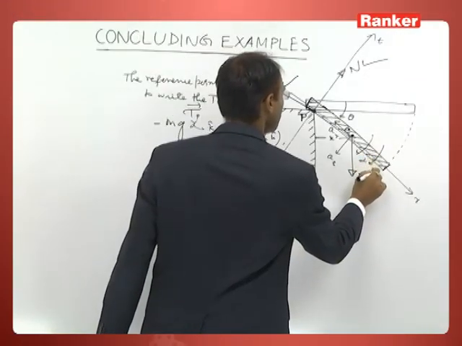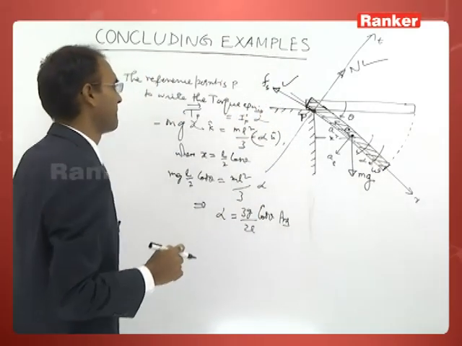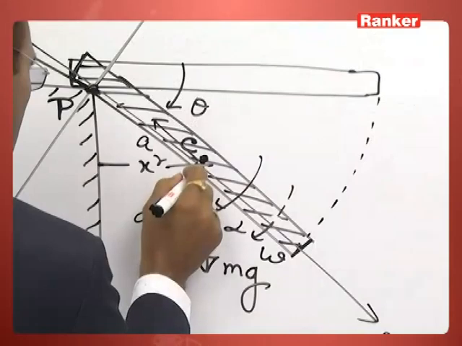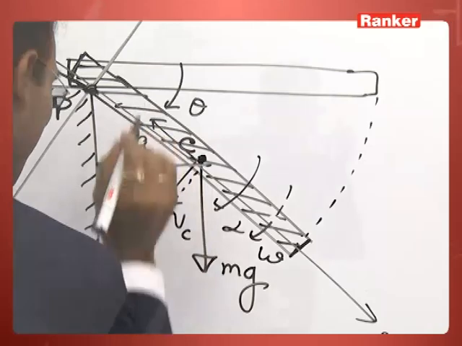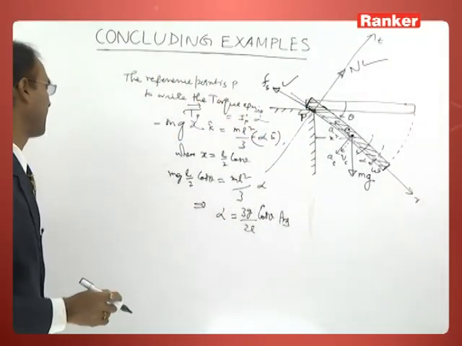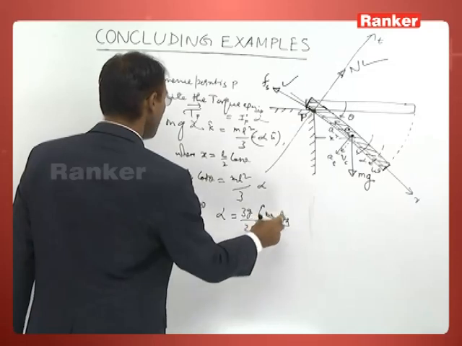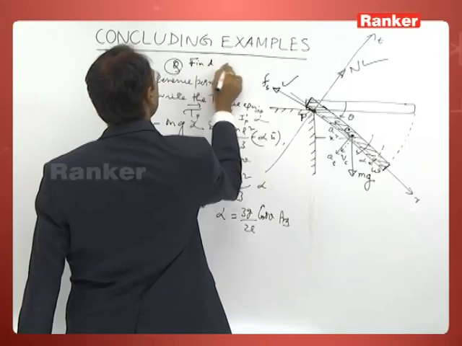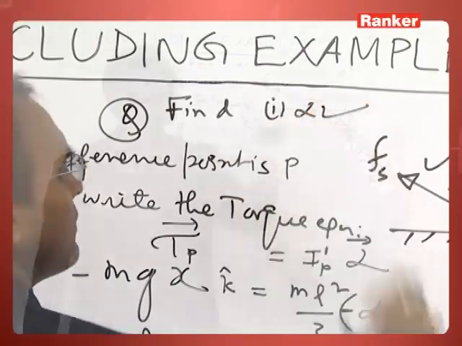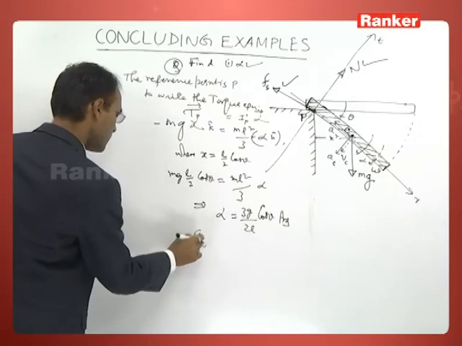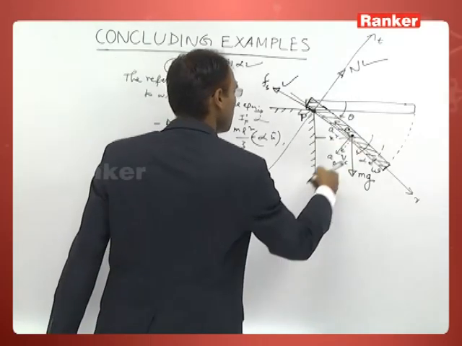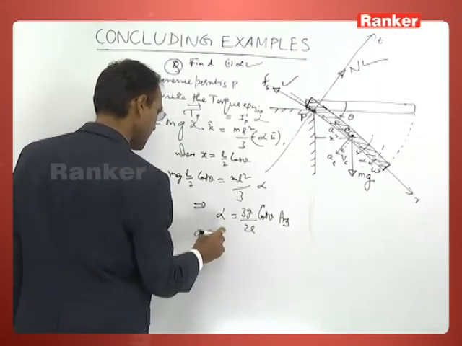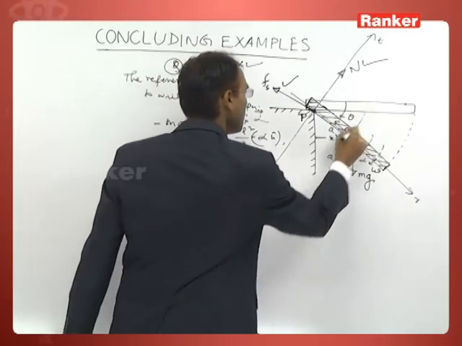Let us assume that its angular velocity is omega, and linear velocity, let me say vc. Once you get alpha, the acceleration of the center of mass in tangential direction, that is at, can be written as r into alpha. What is r?